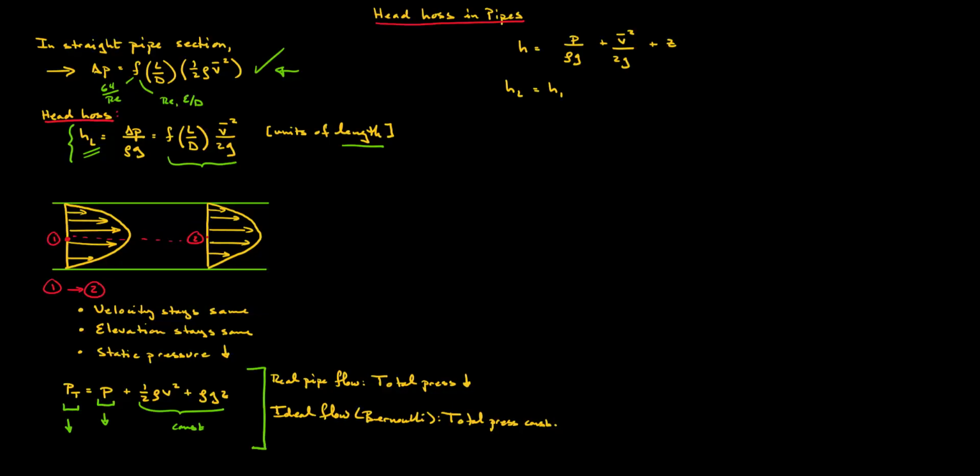So the difference in the head between point 1 and point 2 somewhere along a pipe section. And as mentioned, that head loss can be expressed as a friction factor multiplied by L over D multiplied by V bar squared over 2g, where V bar is our average velocity.